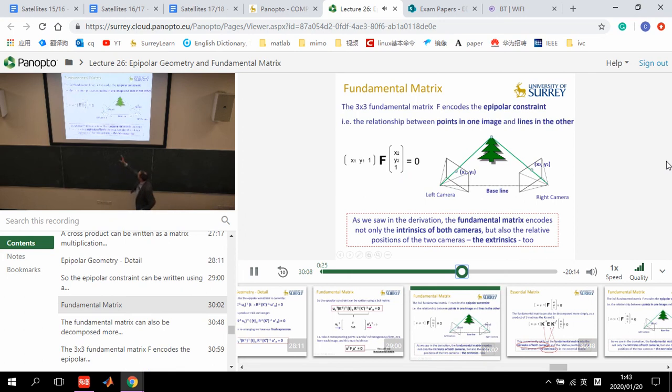If I have a point on the left-hand side, a point on the right-hand side, they're constrained by this fundamental matrix. So the fundamental matrix must encode within that 3x3 matrix everything about the intrinsics of both cameras and also the relative position of one camera to the other camera. So the fundamental matrix encodes within its values the intrinsics of both cameras and the extrinsics.